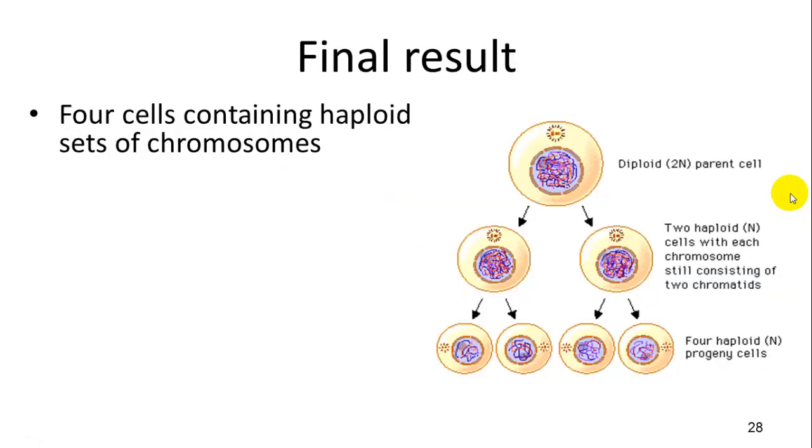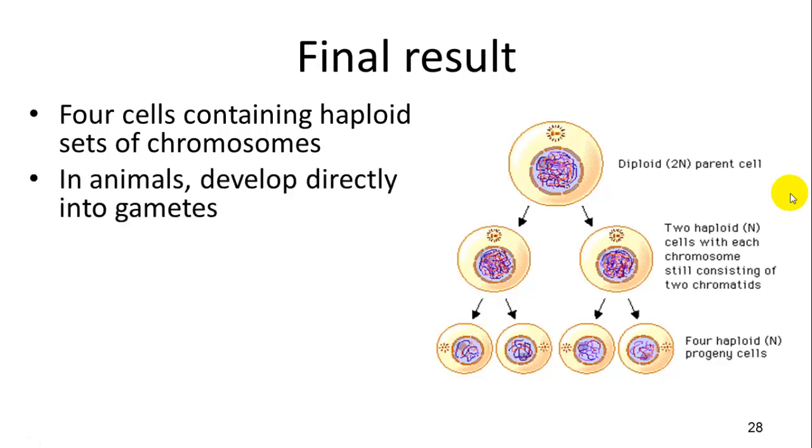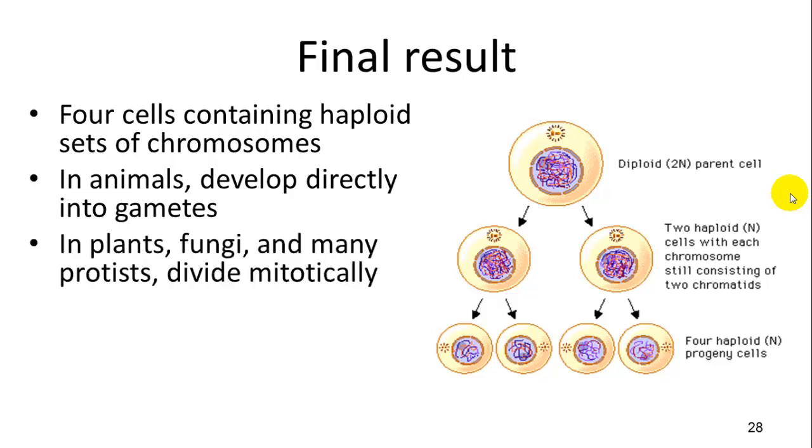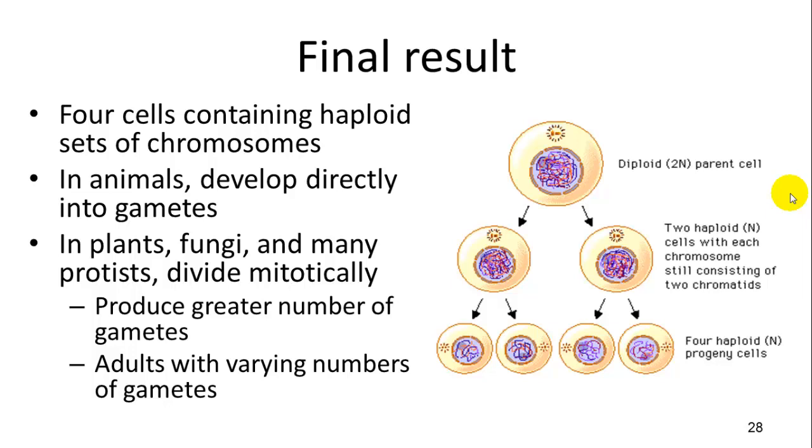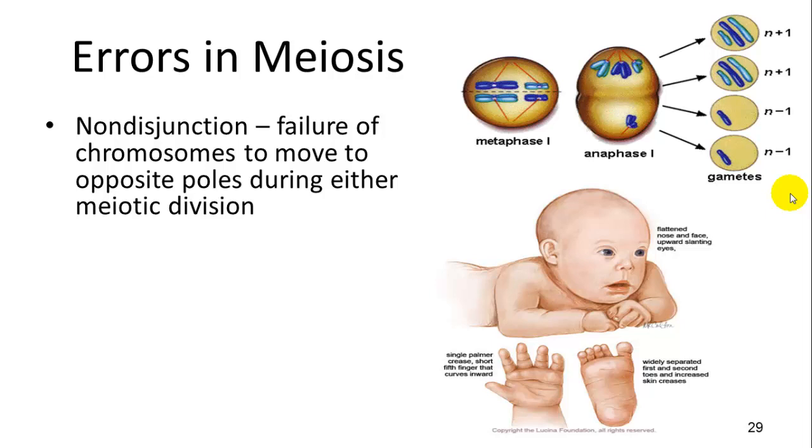So the result is you have 4 cells that are haploid, and these then develop into gametes such as an egg or a sperm. In plants and fungi and others, they may divide at this point mitotically, so they may make copies of each other and grow that way. This produces a greater number of gametes.